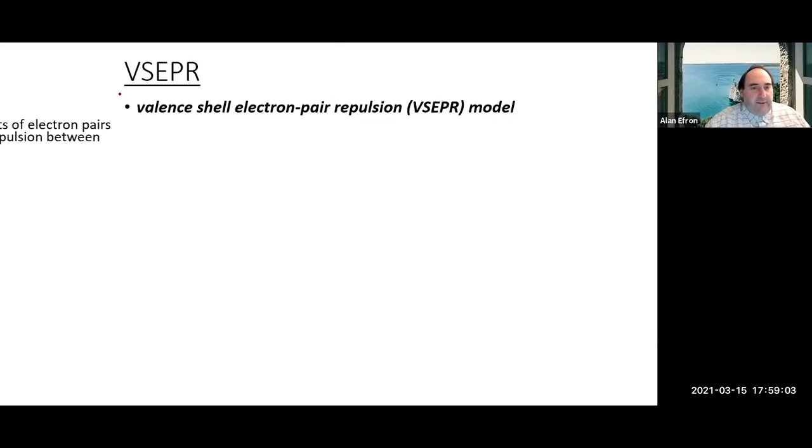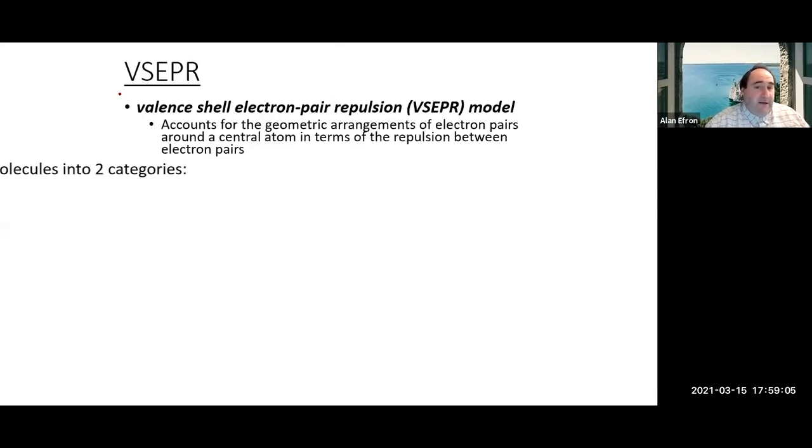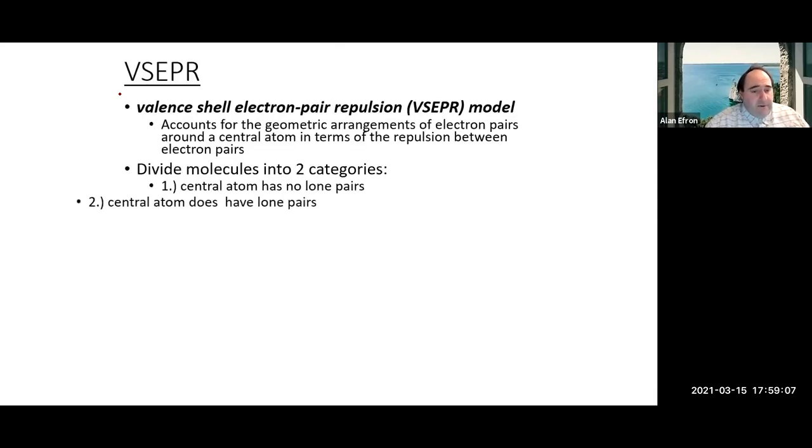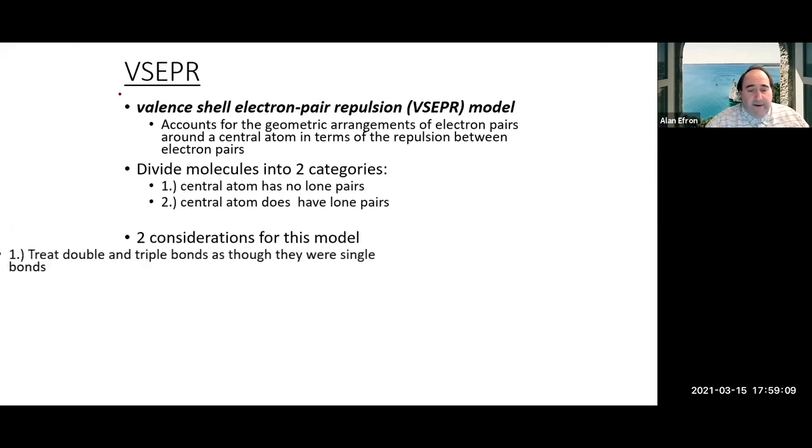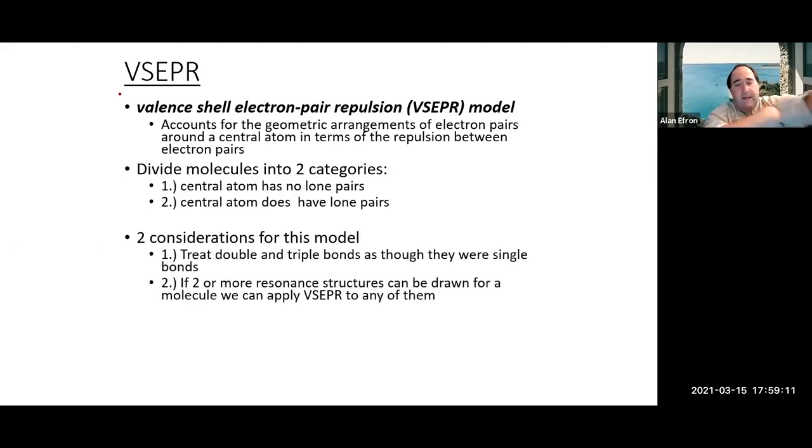That brings up the idea when we talk about geometry, which is known as VSEPR, the valence shell electron pair repulsion model, and that is a mouthful. It will describe the electron geometry, or the arrangement of the electrons, and also the overall molecular geometry.